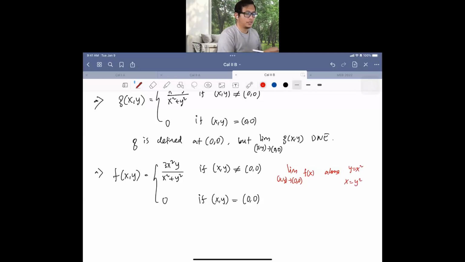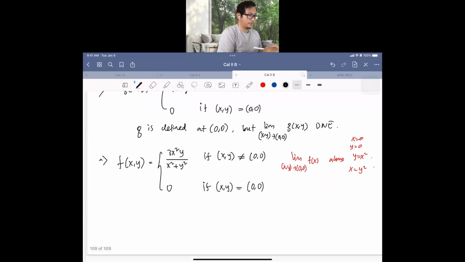It's two parabolas, so aside from x = 0, y = 0, we check the other two parabolas. And I believe the result will be similar, that is 0.